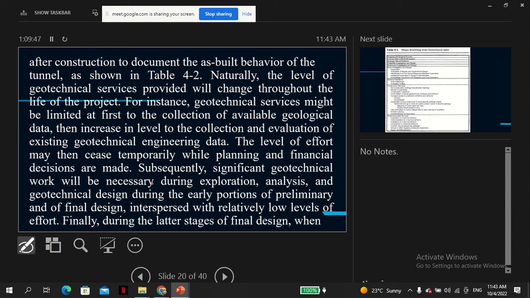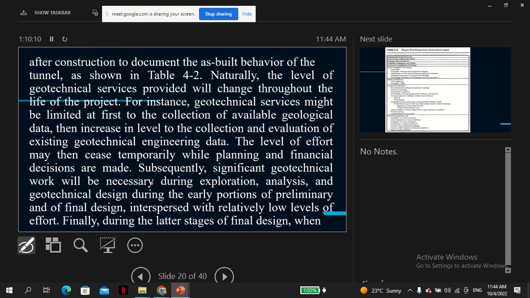So this is just saying how much effort you need. For example, during the design you expect to go out and do some planning. So at that time, you might just do limited geotechnical work.